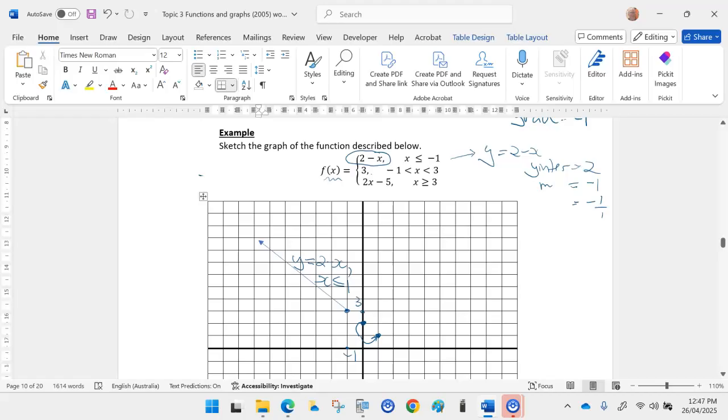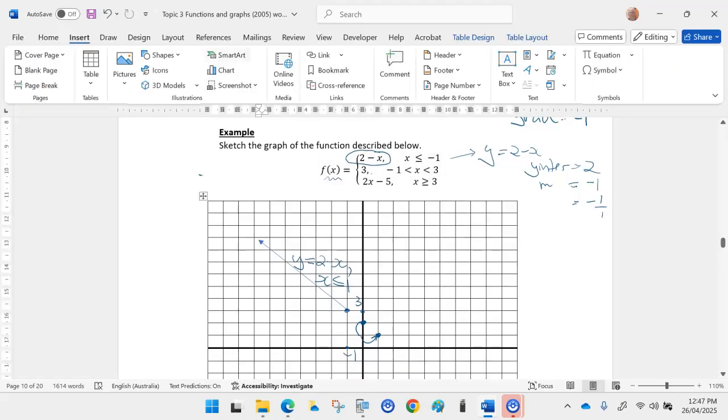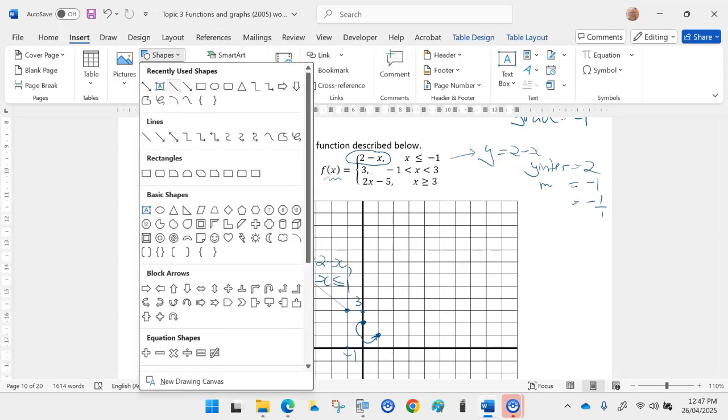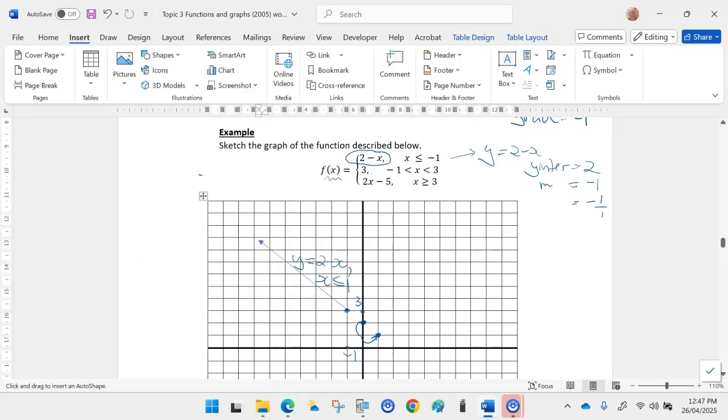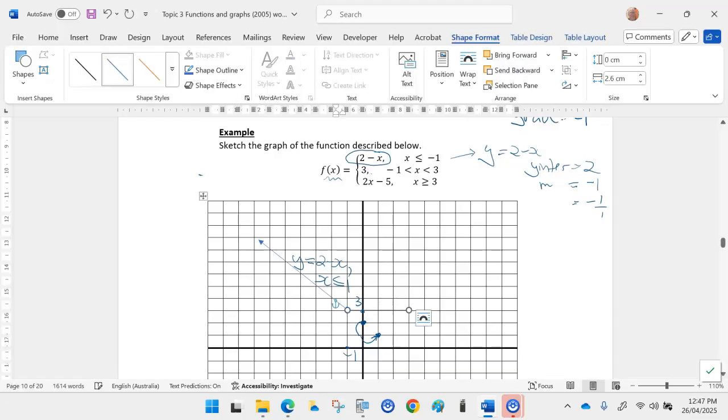So in this case, we need the graph y is equal to 3. That's a horizontal line. I can use my shapes here to graph that. Here we go. So from x is equal to -1, all the way over to x is equal to 3. That's the bits that I need.